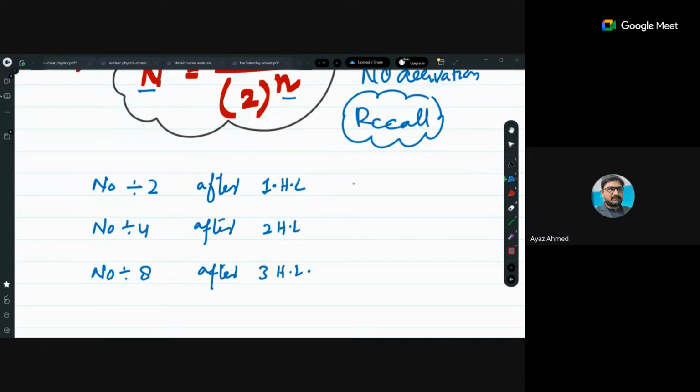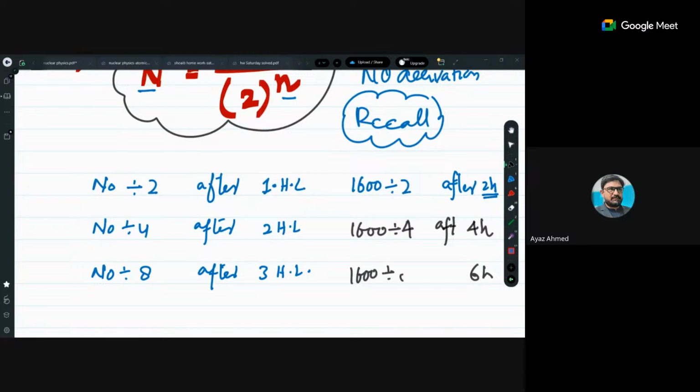So, if there are 1600 nuclei originally, divide by 2 after 2 hours, because the half life is 2 hours. Divide 1600 by 4 for the calculation after 4 hours, and after 6 hours, just do 1600 divided by 8.